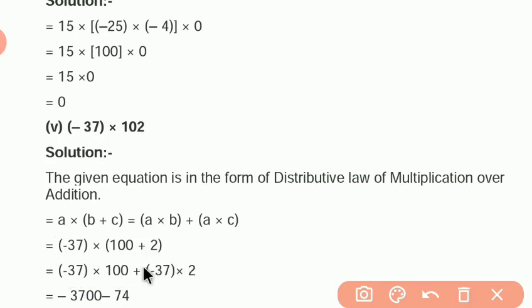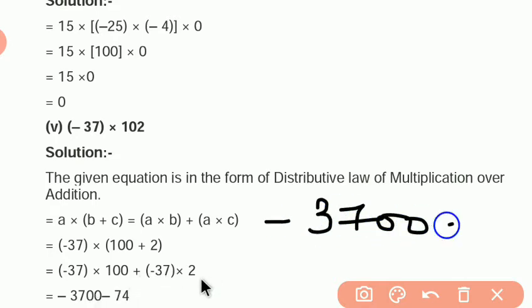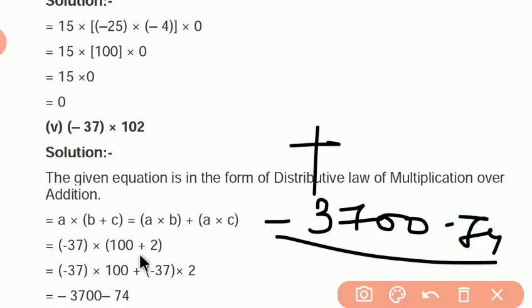After this, first we'll multiply, and according to the BODMAS rule, first we multiply, then we add. So minus 37 into 100 is minus 3700, then minus 37 into 2 is 74, and plus into minus is minus.